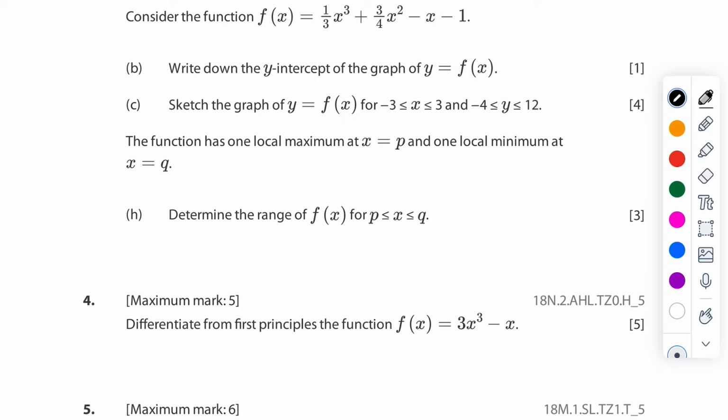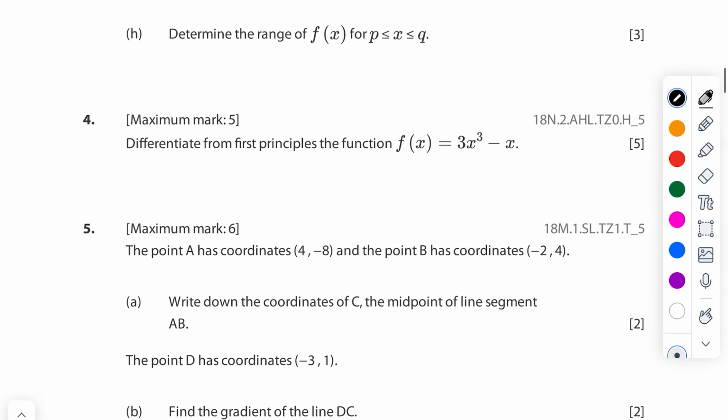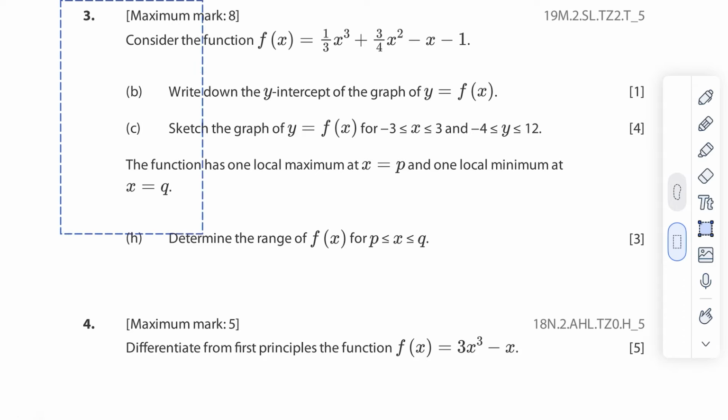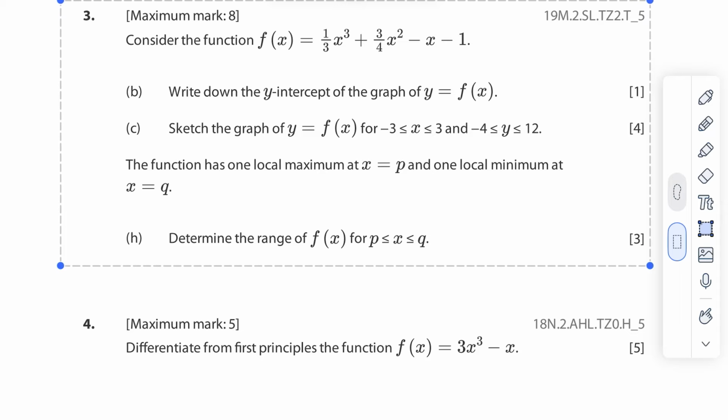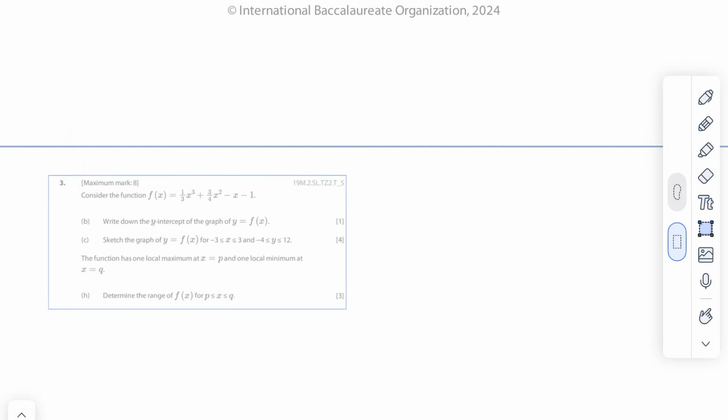Question number 3. Consider this function. Write down the y-intercept of the graph. So he's asking us to write out the y-intercept. Y-intercept means nothing but what? X should be equal to 0. So let me copy this one and paste it over here.